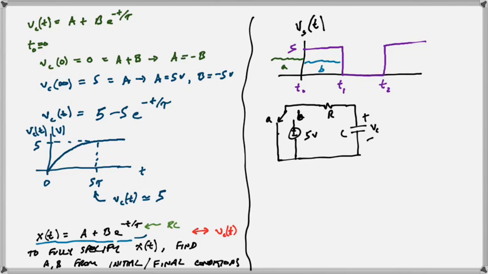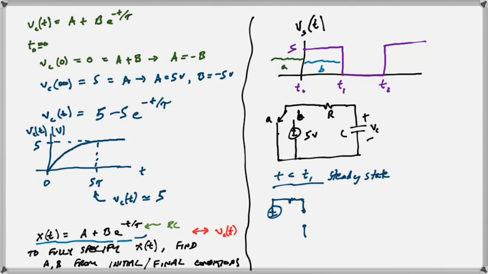Okay, so let's go with t less than t1, and now we've got circuit B, so what we have in steady state, we have circuit B.